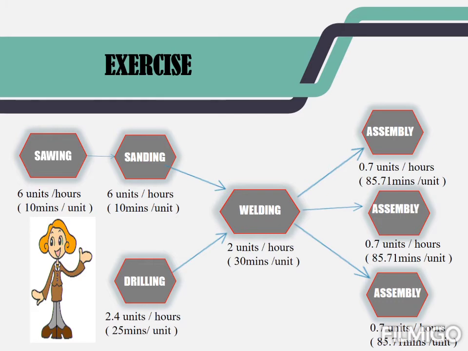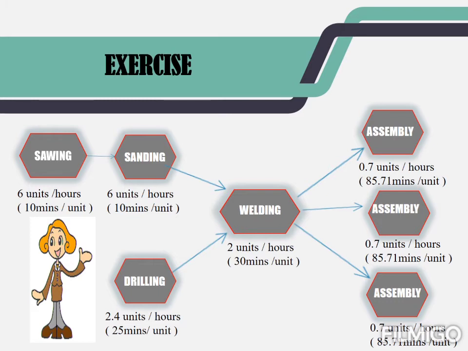For welding activity, 60 minutes, which is equivalent to 1 hour, divided by 2 units, and the answer is 30 minutes per unit. And last but not least, assembly: 60 minutes, which is equivalent to 1 hour, divided by 0.7 units. The answer will be 85.71 minutes per unit.